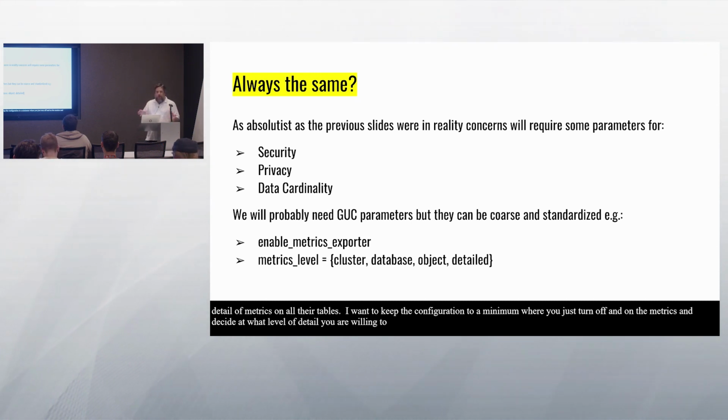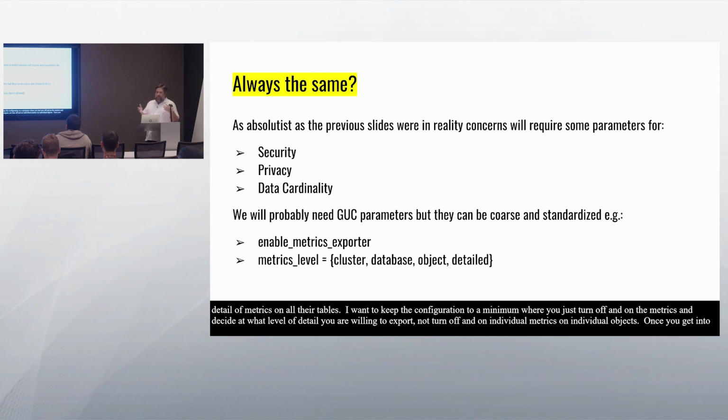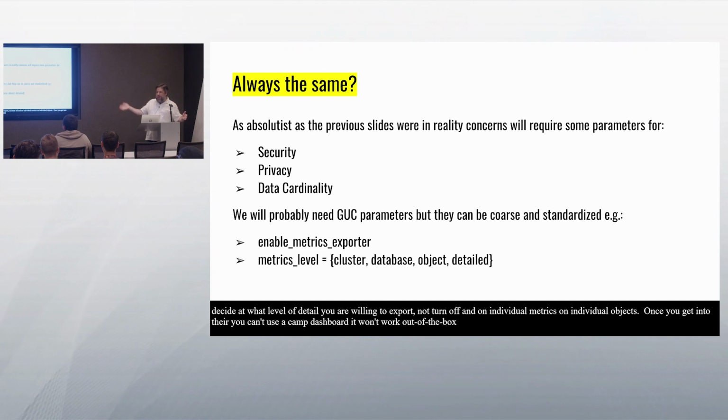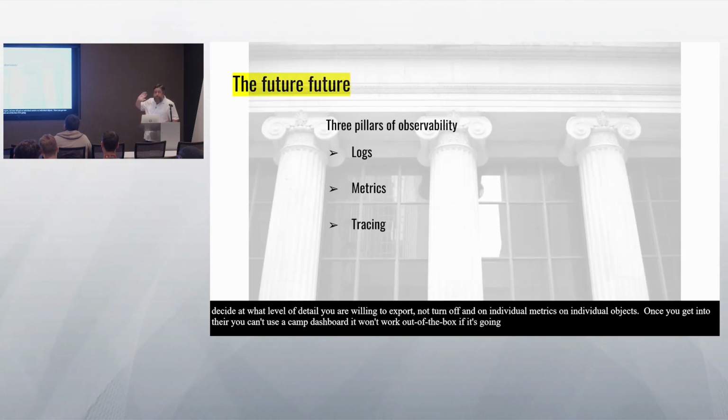Because once you get into that, you can't use a canned dashboard. It won't work out of the box if it's going to depend on metric A and B, but not C and so on. In the future, this is only a piece of the puzzle.